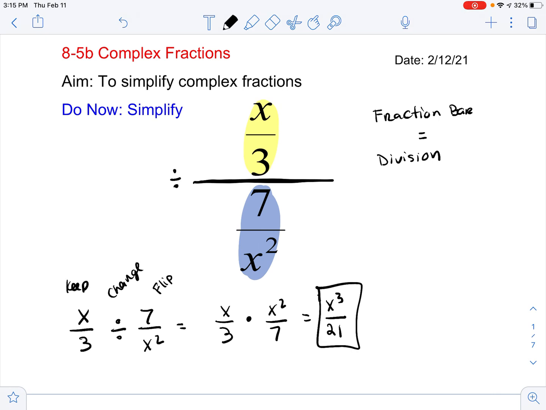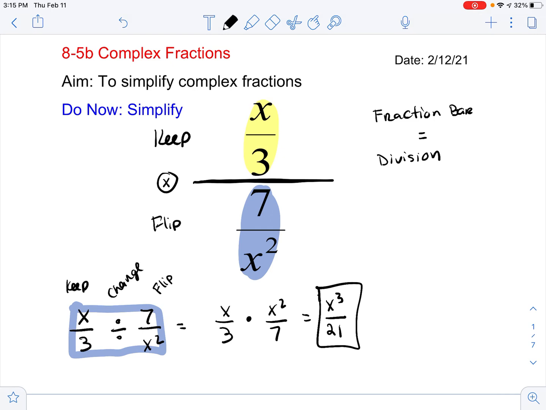Okay, now looking at the original question, we could actually skip over this first step of rewriting it as division if we think of it as keeping the numerator, changing this division symbol to a multiplication symbol, and flipping or finding the reciprocal of our denominator.